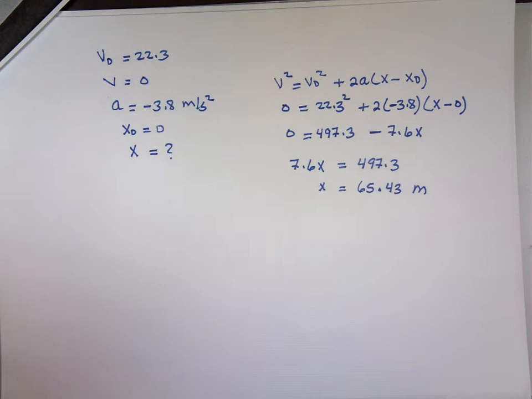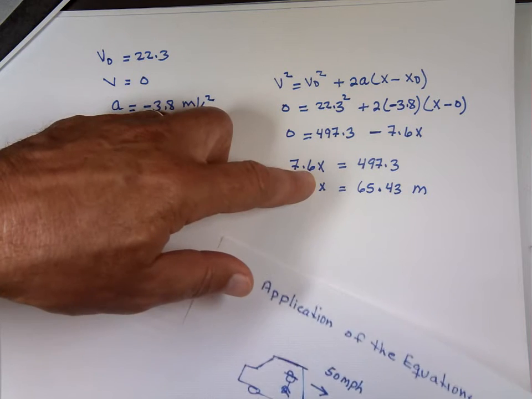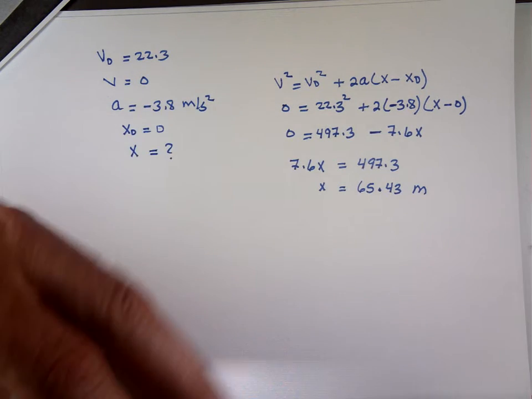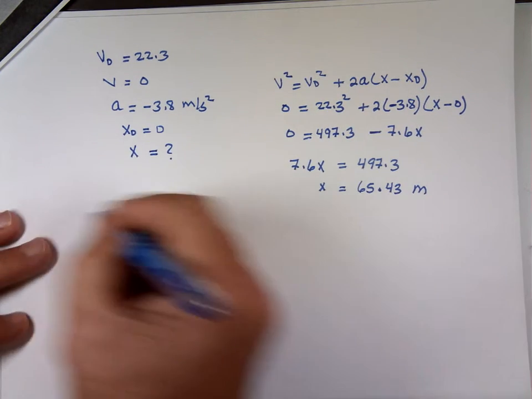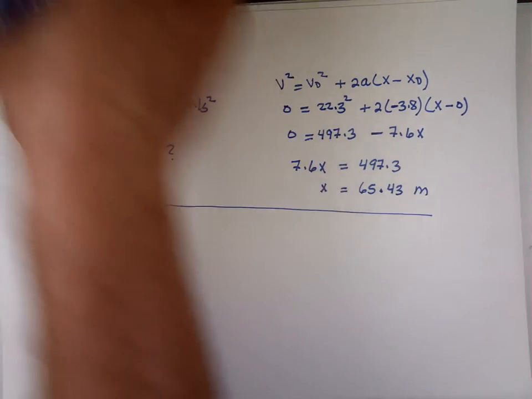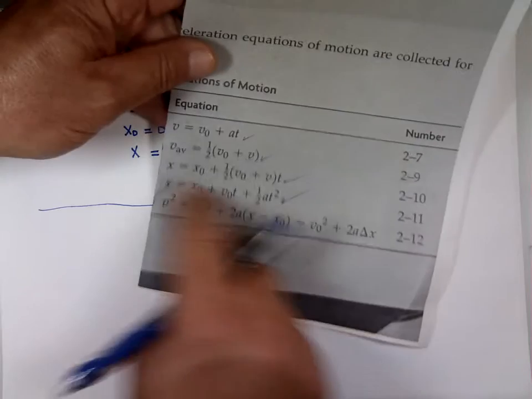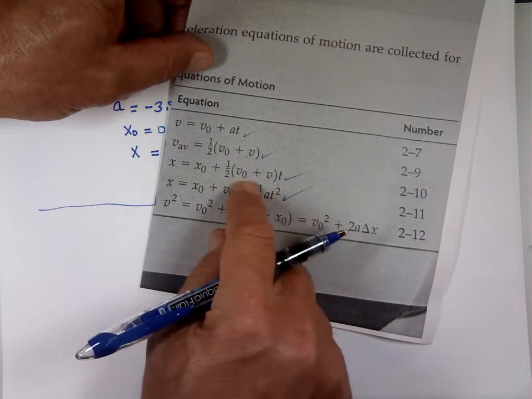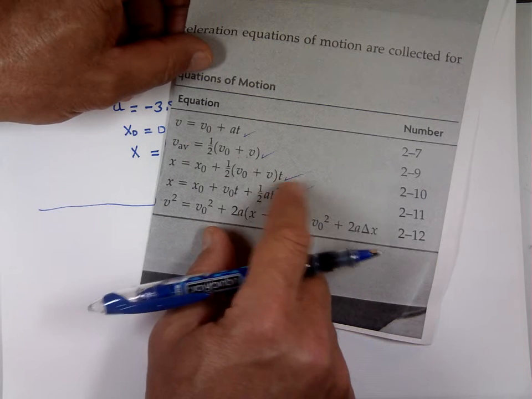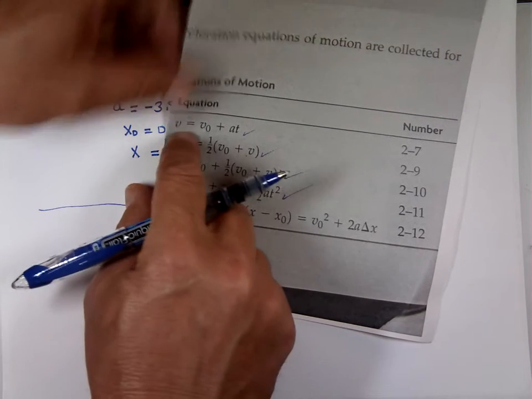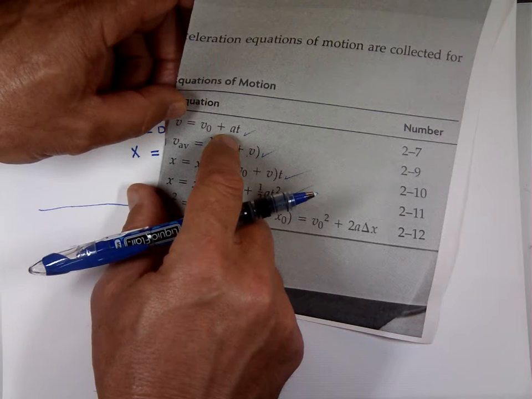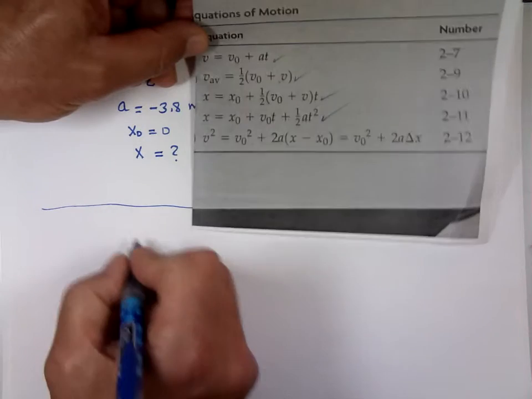As I said before, you don't have to use that equation. I could have used two equations, put them together. My first reaction was use one of these. I know V initial, I know V final, I just didn't know what the time is. So I could have used the top equation to give me the time.